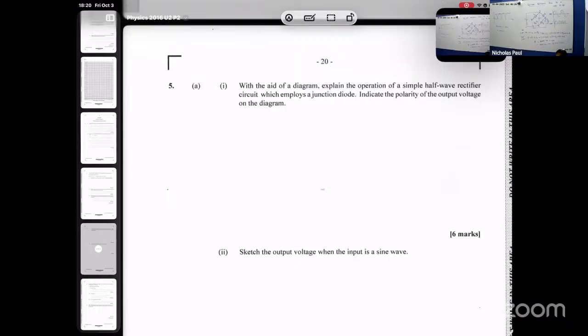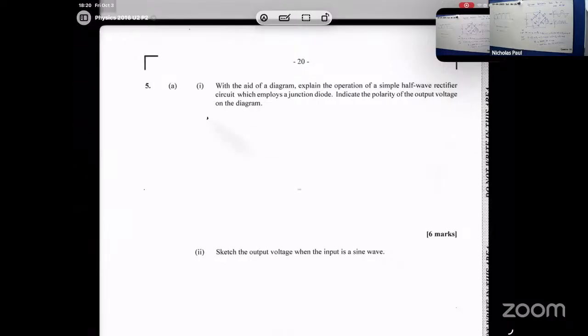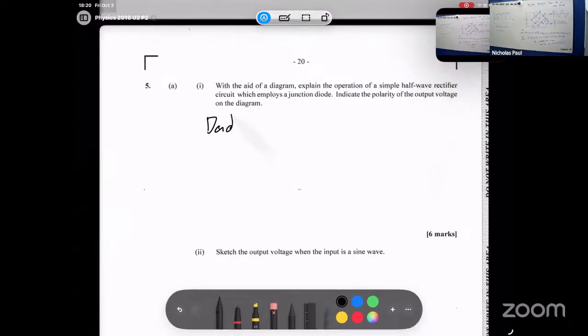Right, let's do this before we leave. 2016 number 5, real easy. You've got to write in the answer.